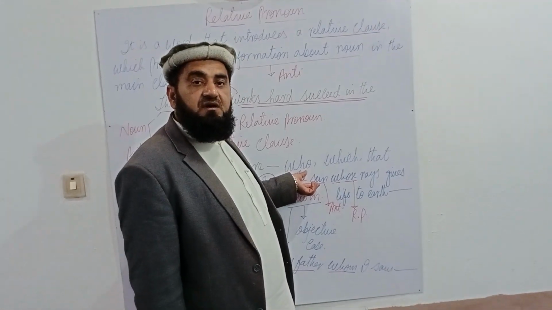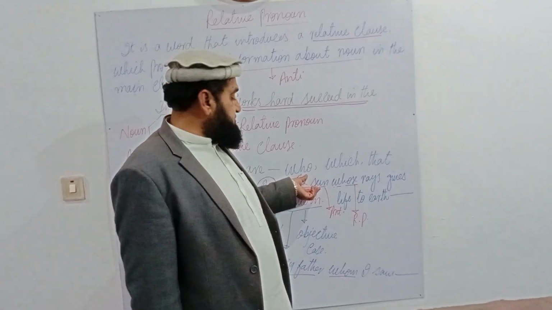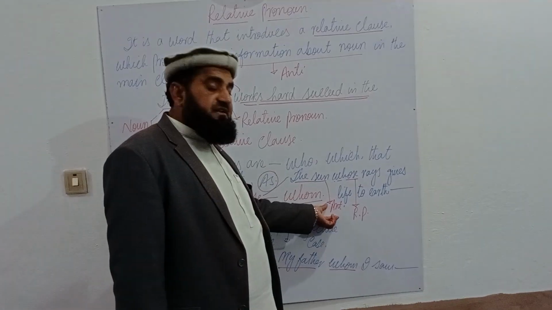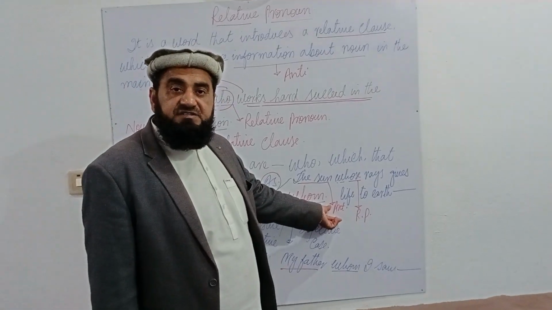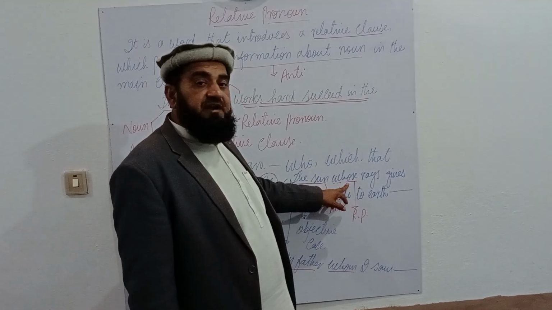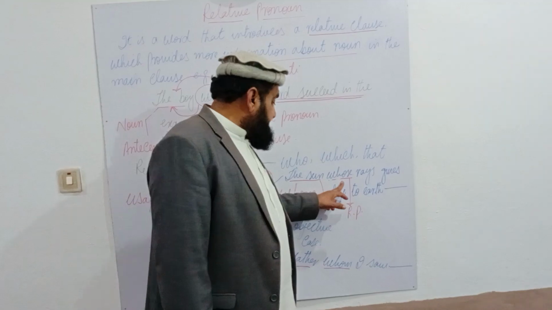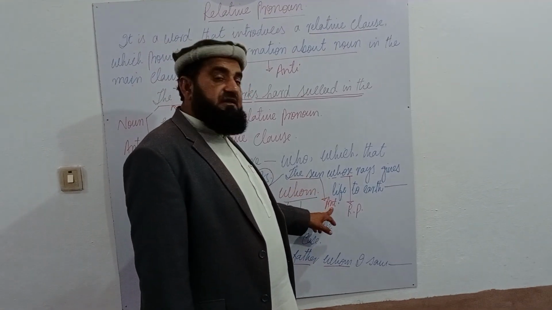The sun is the noun, and it is the antecedent of the relative pronoun, because the relative pronoun whose refers to its antecedent.